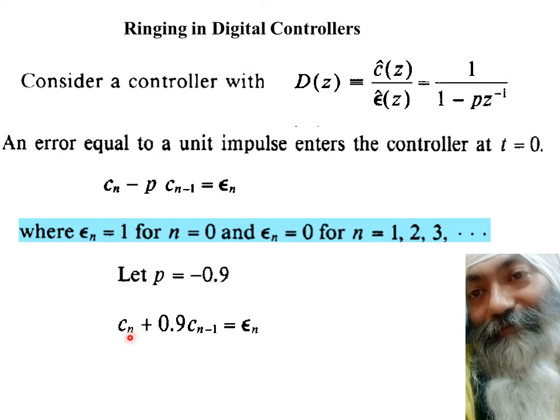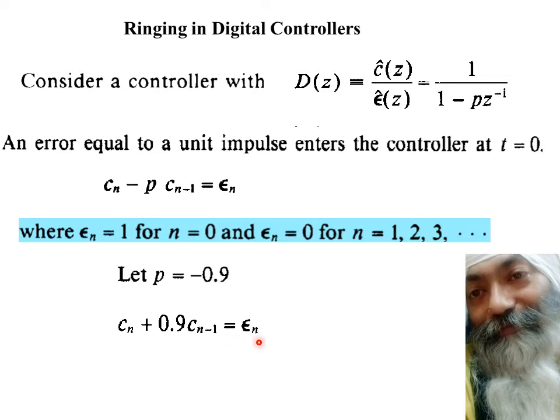Thereafter En will be 0, and Cn minus 1 will become 1. In the next step, En is 0 and Cn minus 1 was determined previously as 1, so 1 multiplied by 0.9. So Cn in the next step will become minus 0.9.